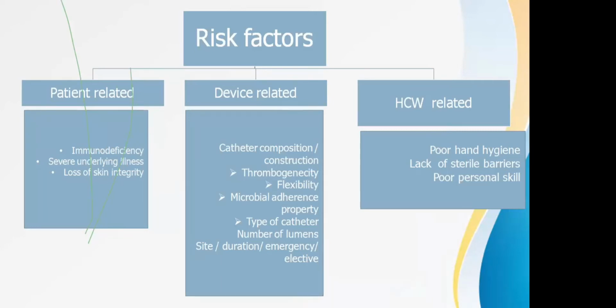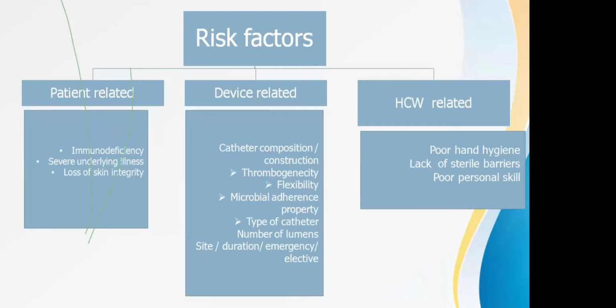Then we talk about the device related. This is important even in catheter associated UTI and in ventilator associated pneumonias. What is the type of catheter, how we are using it, what is the composition, what is the flexibility, and looking at the consistency, whether it may lead to biofilm production.